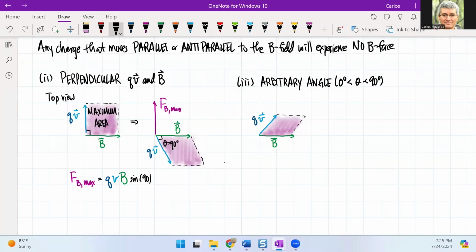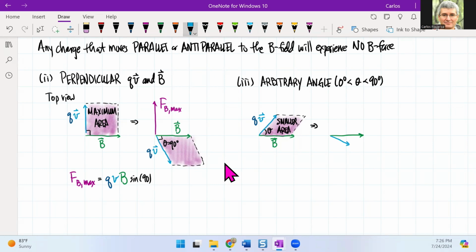So what I'm saying here is that if I have an angle that's less than 90 degrees, then I'm going to get a smaller area, which then tells us that I'm spanning a smaller area. So in other words, I'm going to have a field that's going to be something like this.